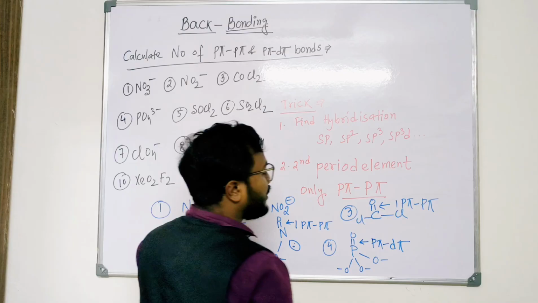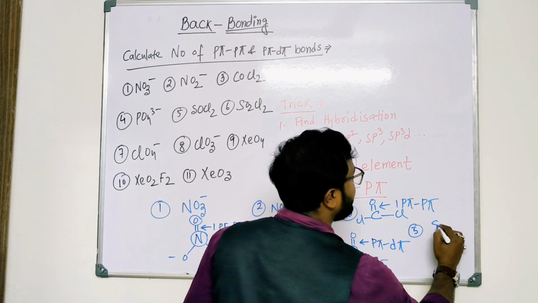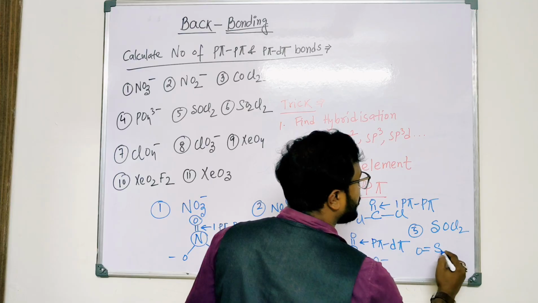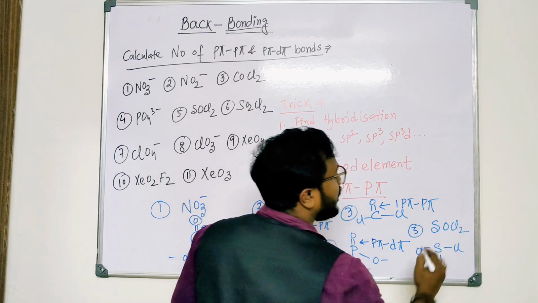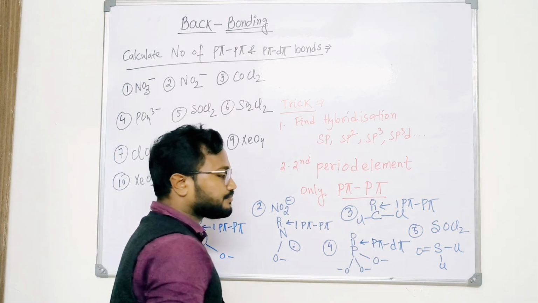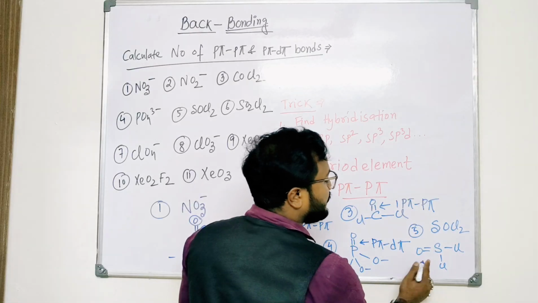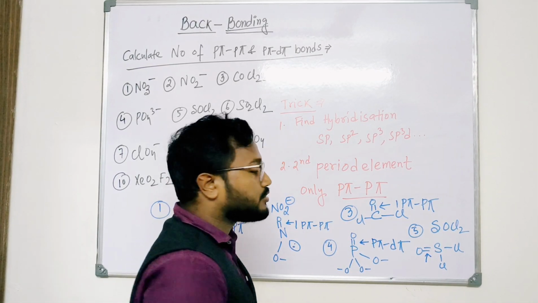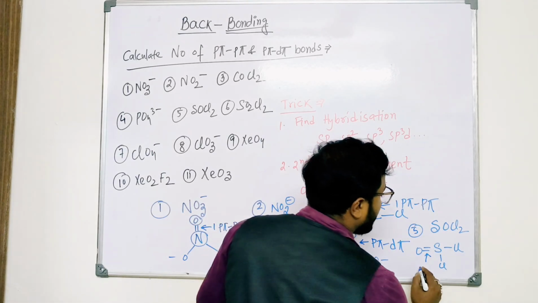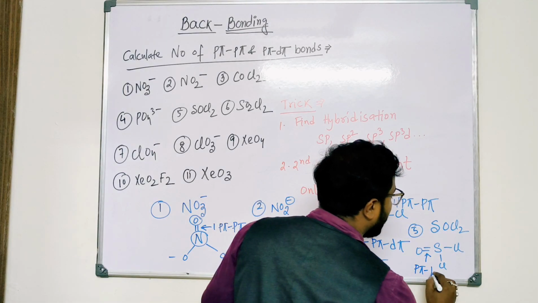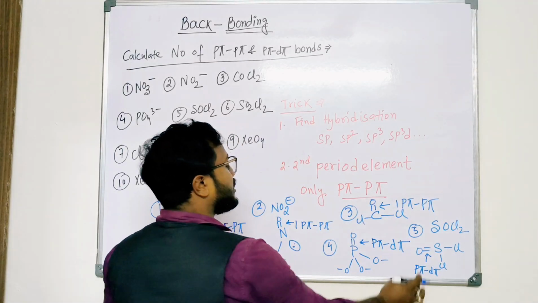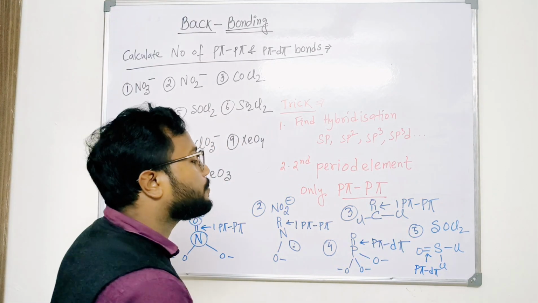In case of SOCl2, let us think. SOCl2: sulfur double bond oxygen connected with another two chlorine atoms. Now in this case you can find out sulfur is 16. So in this case there is p pi d pi back bonding, sulfur's d and oxygen's p. So p pi d pi.